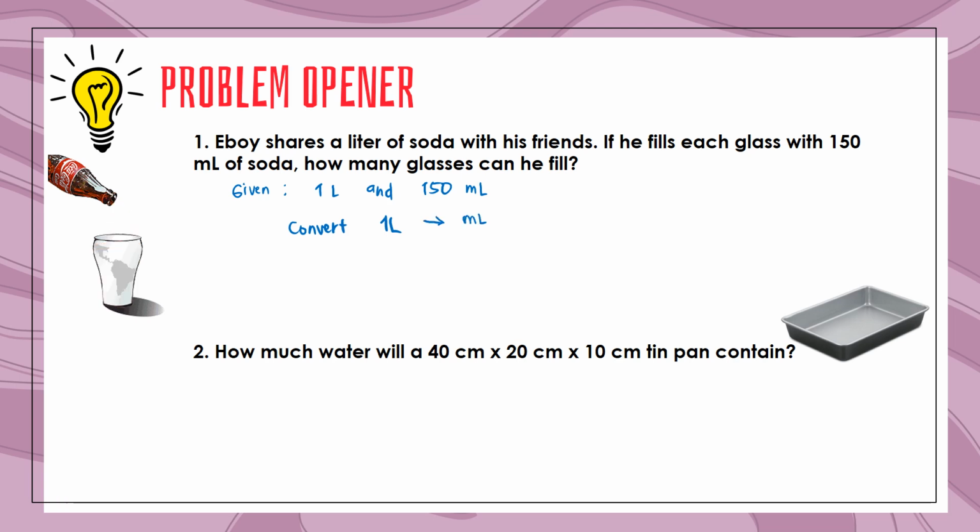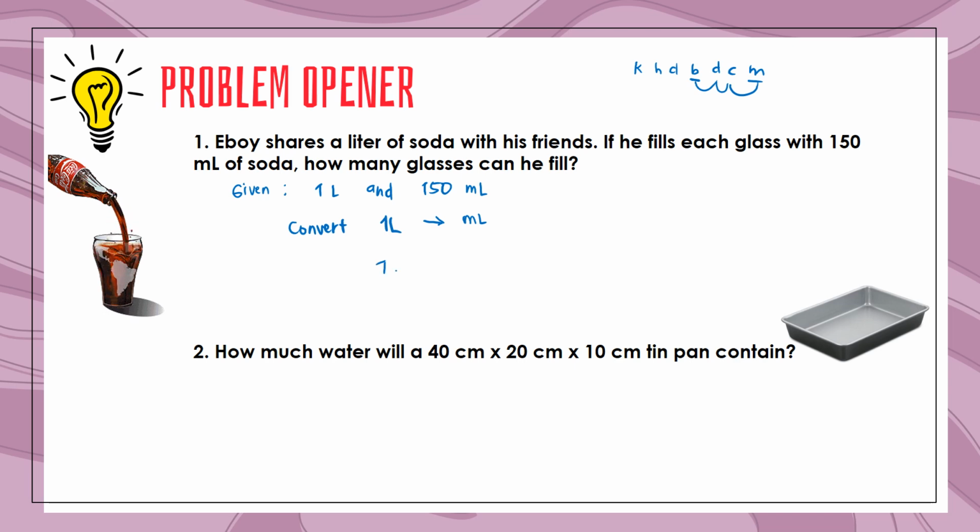To convert this one, if you know the conversion factor, it is easy for you. But if not, again, you may just use the King Henry died by drinking chocolate milk, right? From liters to milliliters. So 1, 2, 3. So you move 3 places to the right. 1 here.